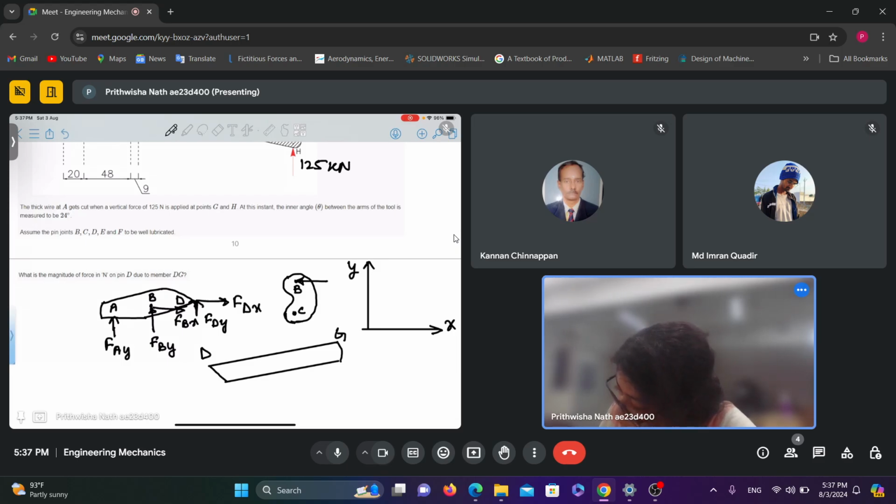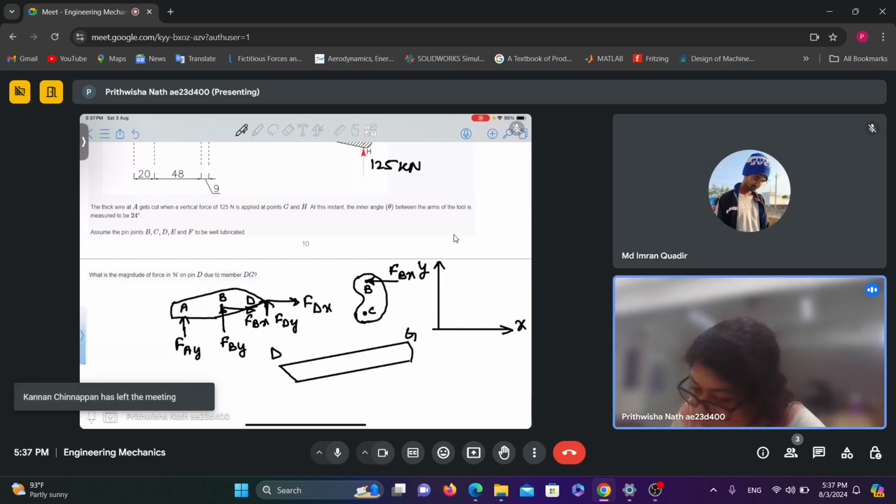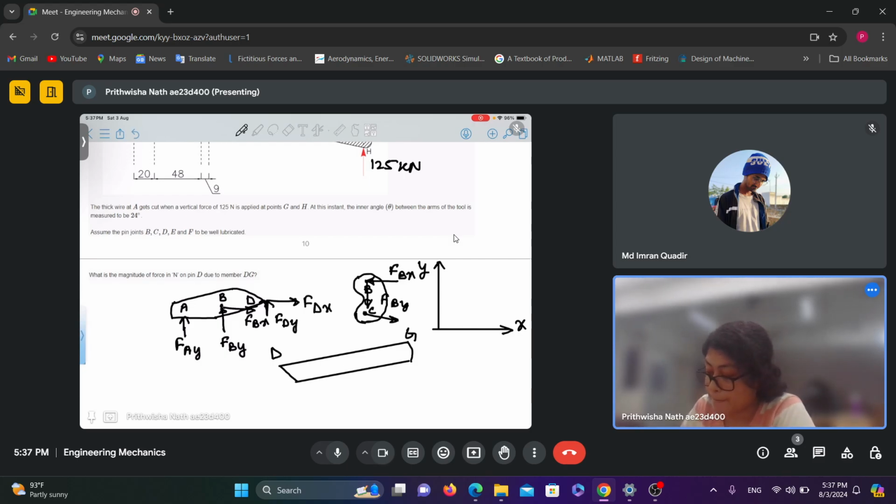So this is FBX and this is FBY, and for C again I'm assuming that the reaction forces are acting in the positive X and Y direction.